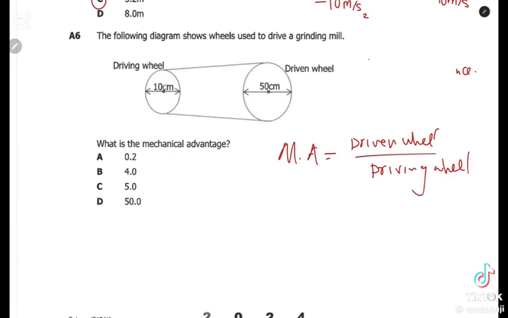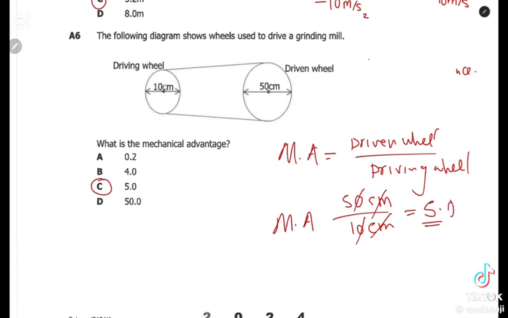The driven wheel is 50 centimeters, the driving wheel is 10 centimeters. If we divide here, the mechanical advantage is going to give us 5. And these are ratios, so no units. So 5.0, that is the answer.